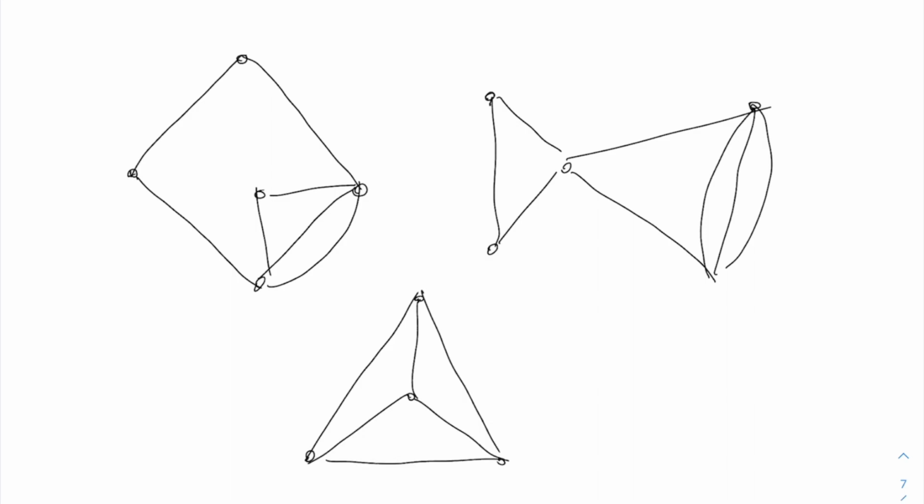Remember that guy? All right, for each one, tell me, does it have an Euler circuit or not? If your answer is yes, it does, then try and draw one in. If your answer is no, it doesn't, then tell me why it doesn't. And your answer always involves because there's some odd vertices in there. See what you think. I'll give you a few moments.